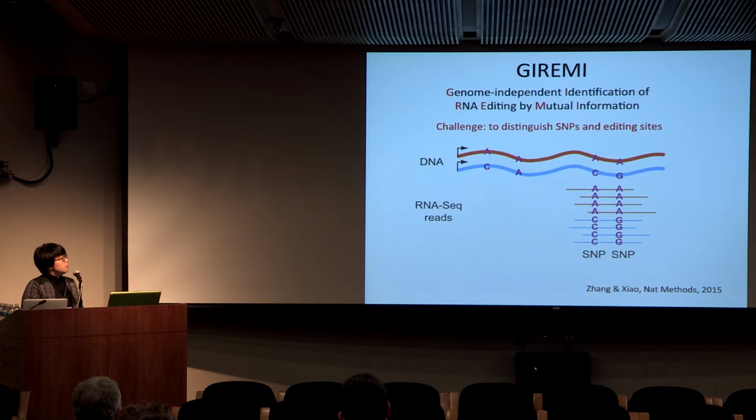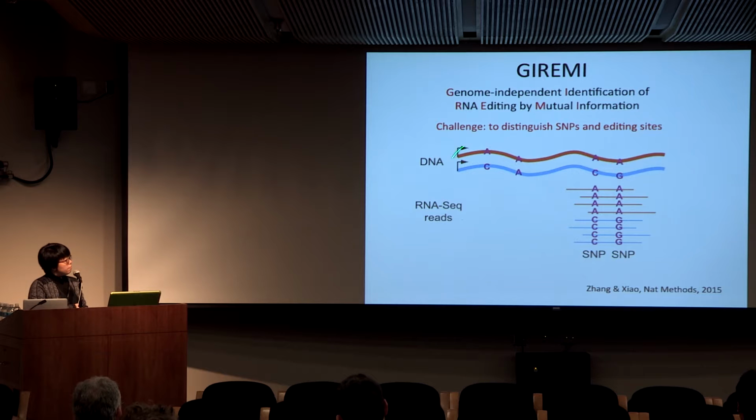Okay. So this slide illustrates the basic idea behind GRAMI. And again, the challenge is how do we separate SNPs and RNA editing sites? This GRAMI method first looks at RNA-seq reads and looks at the linkage disequilibrium between different nucleotides.